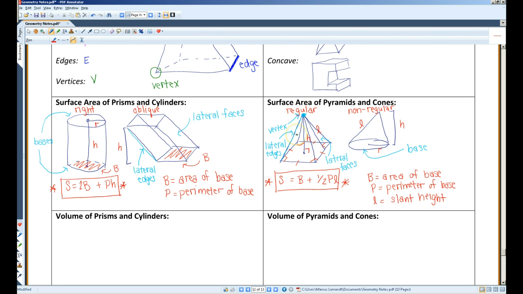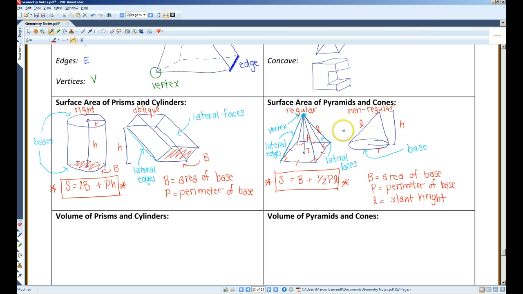Okay? The lateral faces of a regular pyramid are congruent isosceles triangles, and the slant height of a regular pyramid is the height of a lateral face of a regular pyramid. Okay? A non-regular pyramid does not have a slant height. I labeled the slant height L over here.